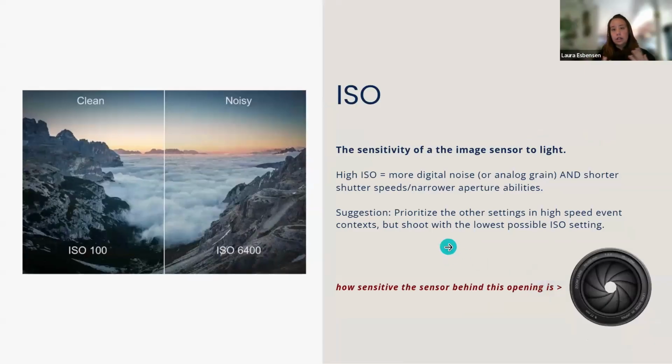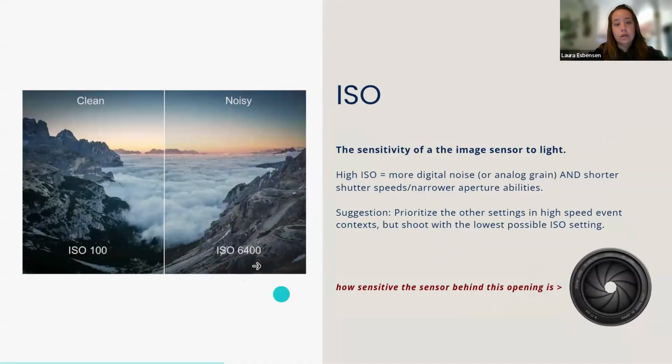And then the last variable in this relationship is ISO. So it's the sensitivity of the image sensor to light. And this is something that happens digitally, but if you go back to analog camera, when you're exposing silver to light, ISO has to do with how much silver there is on the film you're exposing.